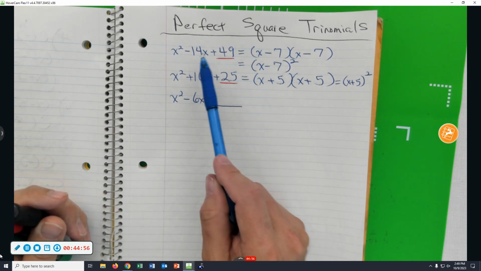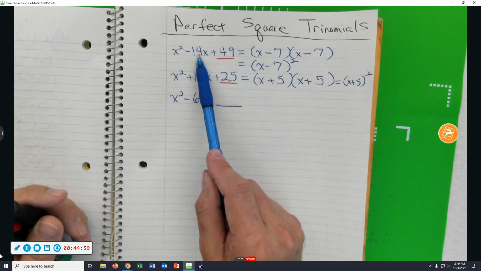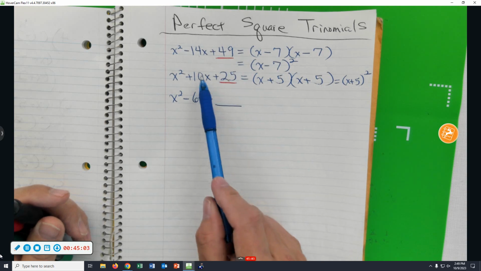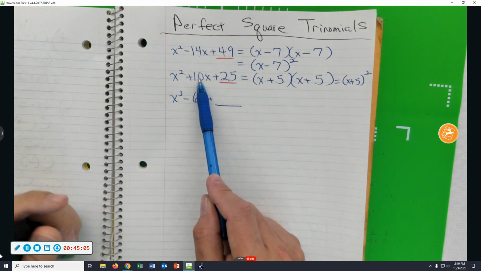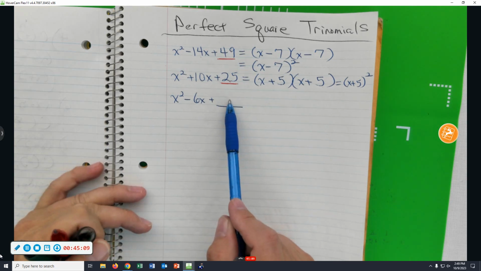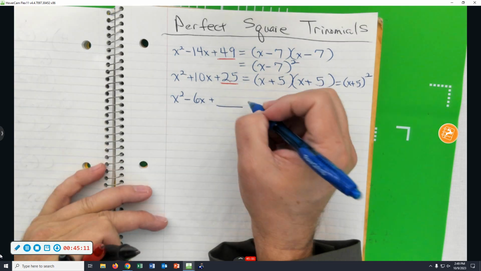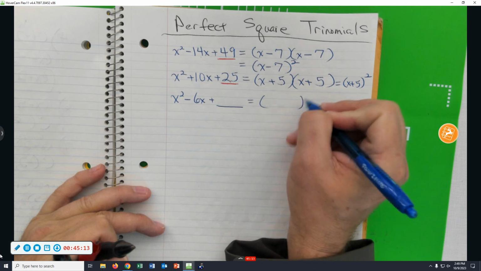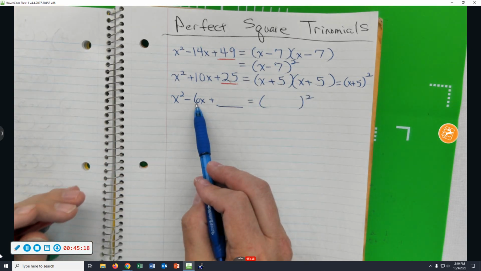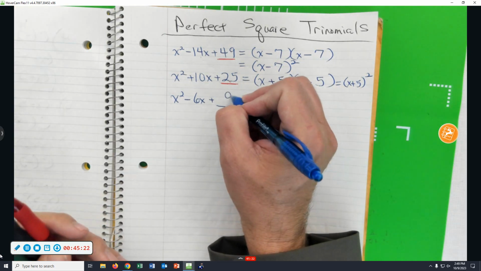That's what's happening. Take half of 14, that's 7. 7 squared is 49. Half of 10 is 5. 5 squared is 25. So what number do we need to go here so that it'll factor as a binomial squared? Half of 6 is 3. 3 times 3 is 9. I agree.